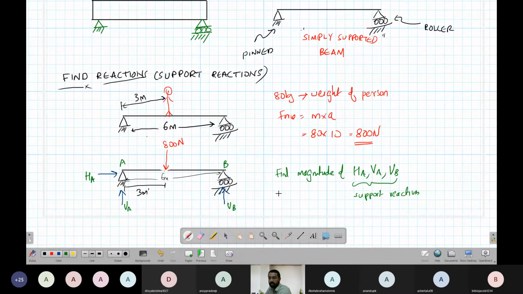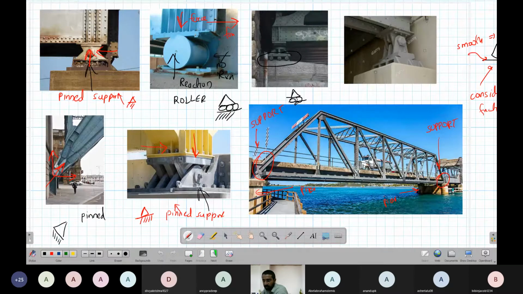Okay, I hope this is clear. Now for the bridge, there is a weight acting downward. Since there is a weight acting downward, there is an unbalanced force in the downward direction, so the entire body is supposed to go down. But what is preventing it? The supports are preventing it. Depending on the type of support, it will give different types of forces.